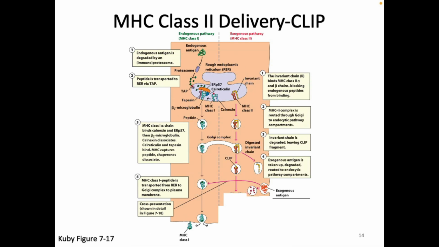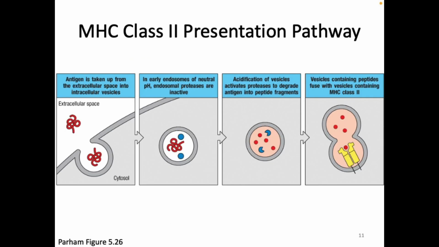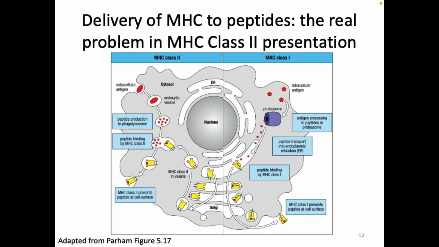And so if I go back to this image from your textbook, you'll realize that this is actually not drawn entirely correctly. There should be like a little green thing or something here in the peptide binding cleft, blocking the peptide binding cleft here.